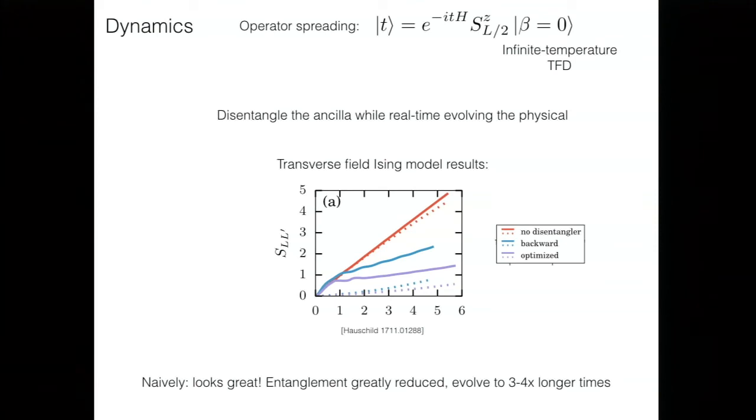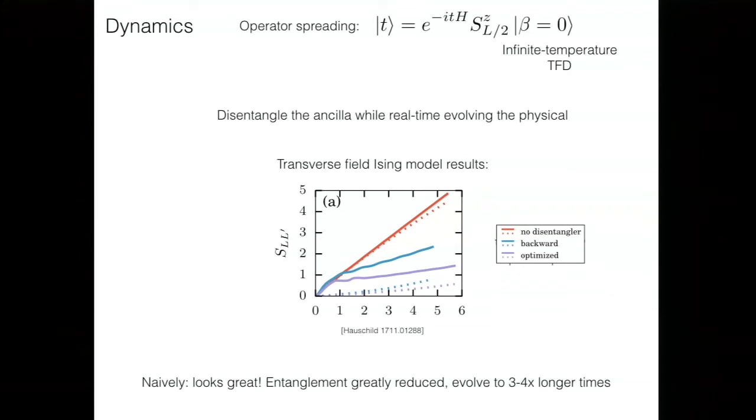One is when you don't do anything to the ancilla, and then you see this rapid linear growth in entanglement. And then the purple curve here is if you instead do the disentangling acting on the ancilla. And it grows with a much slower slope than the non-optimized one.